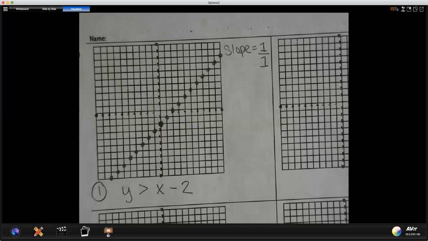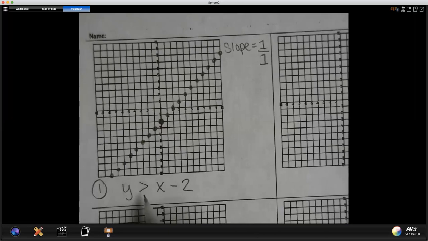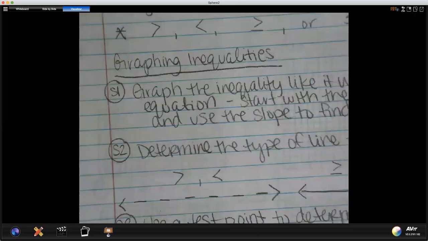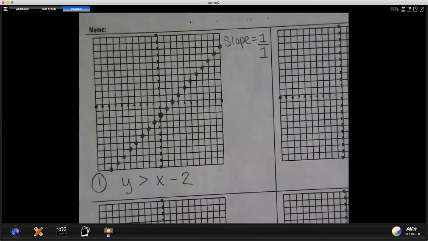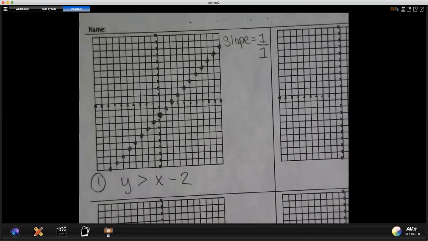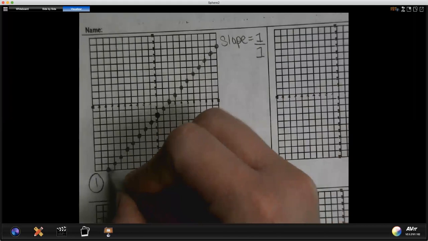Okay, so looking at my inequality sign, I want to determine what type of line I am drawing. Because I have a greater than, is this going to be an open or closed line? Open. Okay. Now, the easiest way to go about that is just drawing dashes every few points.